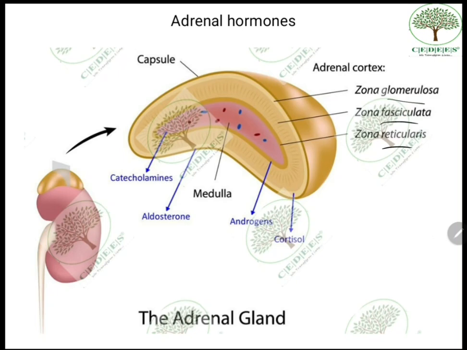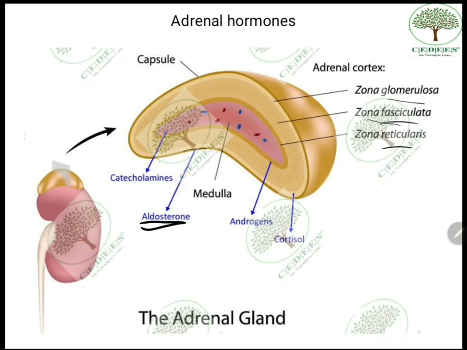This zona glomerulosa secretes a hormone which is known as aldosterone, which is a mineralocorticoid. So you can see here the zona glomerulosa is going to secrete the mineralocorticoid aldosterone. The inner layer after that is the zona fasciculata. This zone will secrete corticosteroids like cortisol along with a small amount of androgens like testosterone.